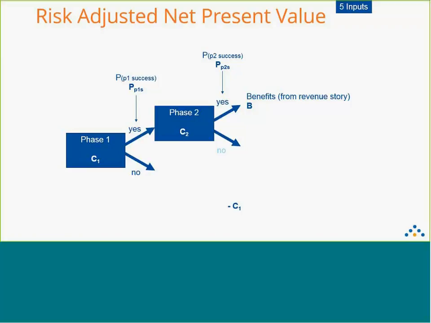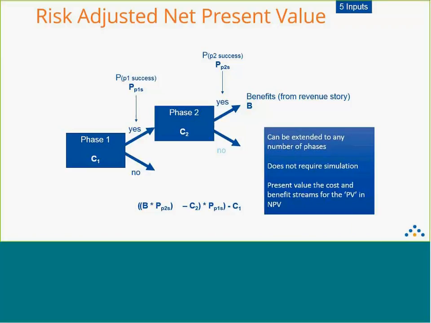So we can think about this formulaically as incurring the phase 1 costs, incurring the phase 2 costs with a probability of phase 1 success, and then incurring the benefits with a further probability of phase 2 success. And you can then easily extend this to multiple phases, as many phases as you'd like.